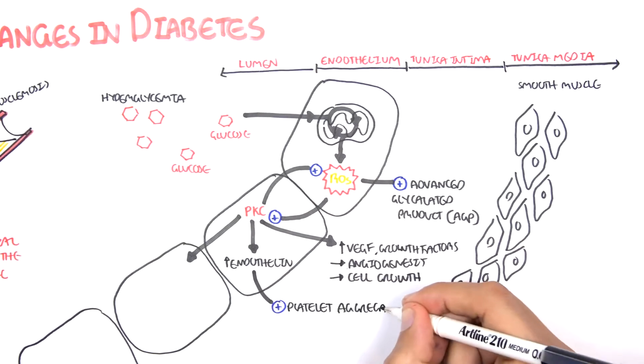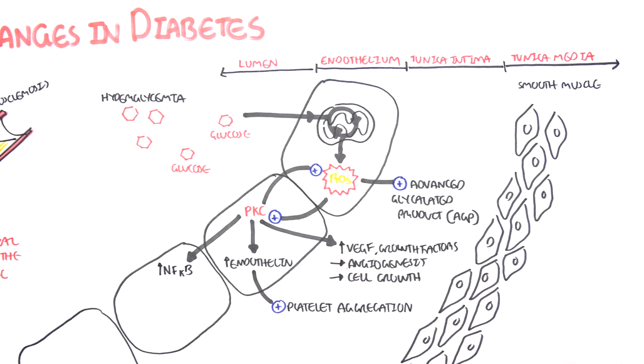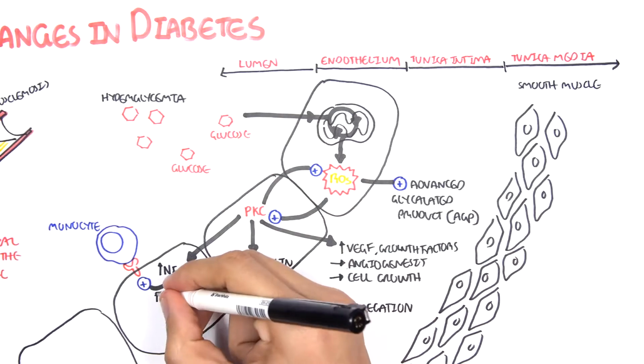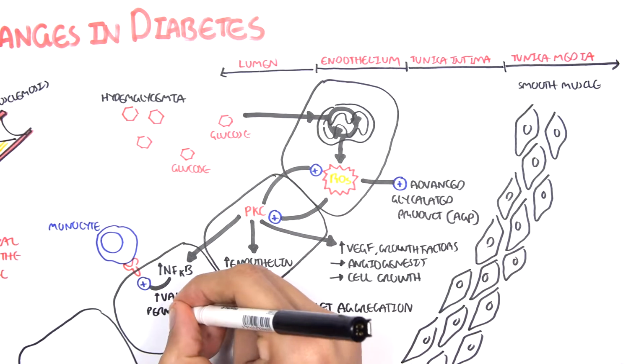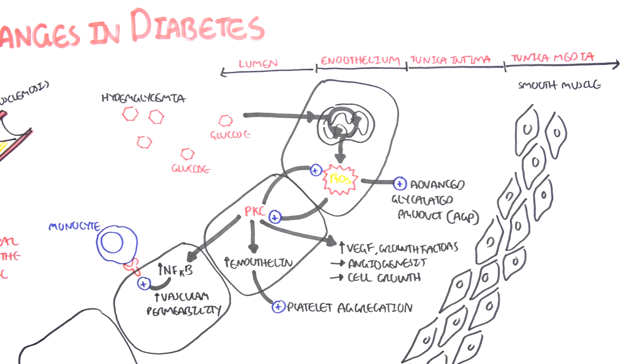Protein kinase C also results in increase in nuclear factor kappa B within the cell. Nuclear factor kappa B is an inflammatory transcription factor that promotes the inflammatory process. The end result include increased expression of receptors for inflammatory cells, as well as increasing the vascular permeability through stimulating cytokine production.